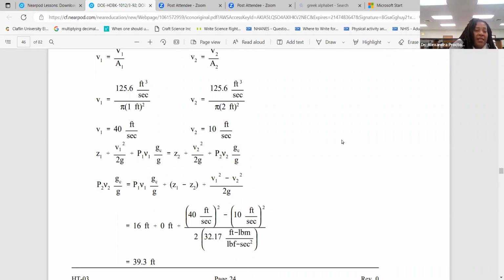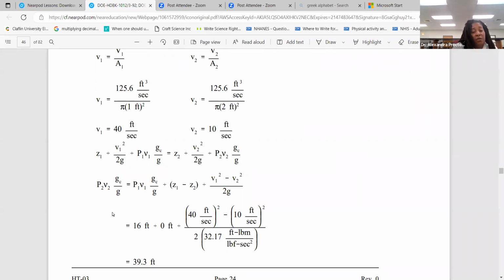And so what they do with this equation is they try to get P2 v2 times gc over g by itself, and that is equal to P1 v1 times gc over g plus Z1 minus Z2 plus v1 squared minus v2 squared divided by 2g. And then they plug in and solve.